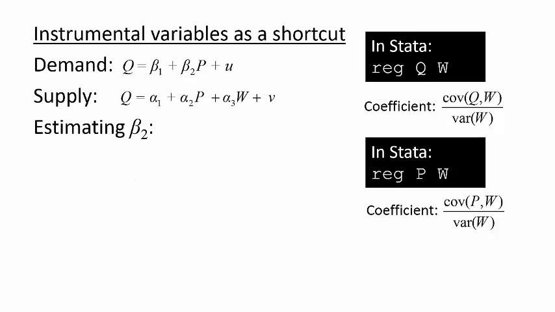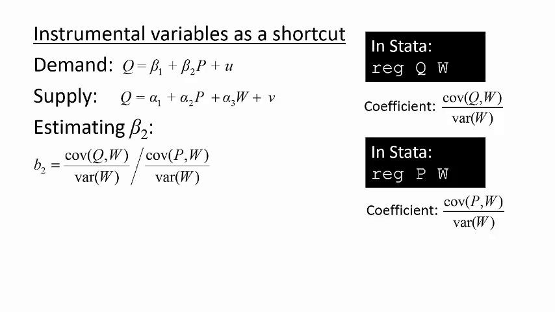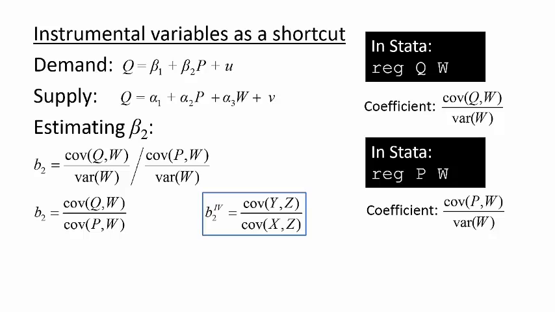Next, we divided the first reduced form coefficient by the second. With a little bit of algebraic manipulation, we see that the two variance of W terms cancel out, leaving this ratio of covariances. A careful comparison of this expression to the formula for estimating an instrumental variable's coefficient reveals that they are one and the same.